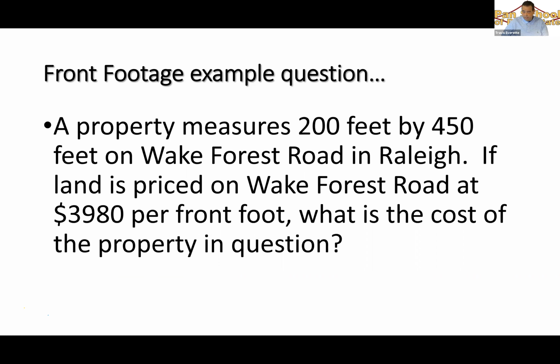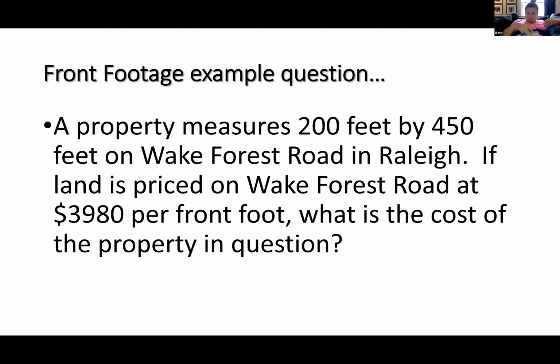Land is priced at $3,980 per front foot. What's the cost of the property in question? Okay. So 30 seconds, you should be able to answer that question. And I'm not even being vicious with that. That is really that straightforward. I want you to see how simple it is, because if you're thinking, you're too deep.